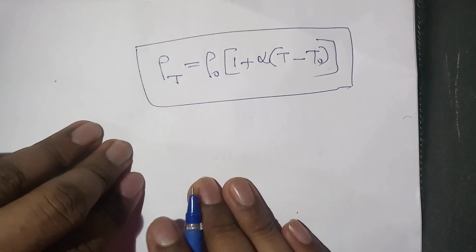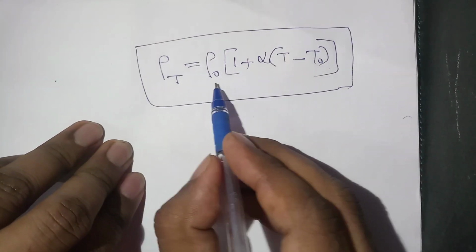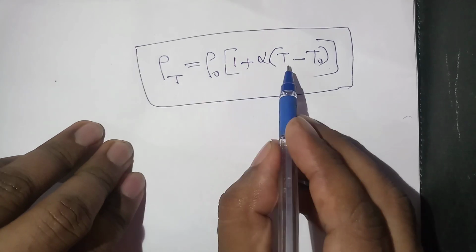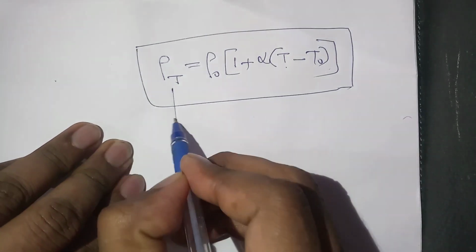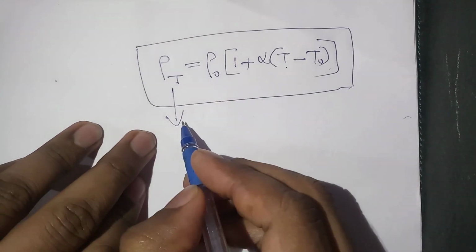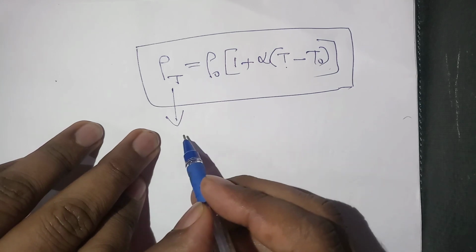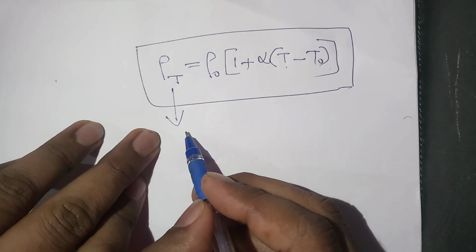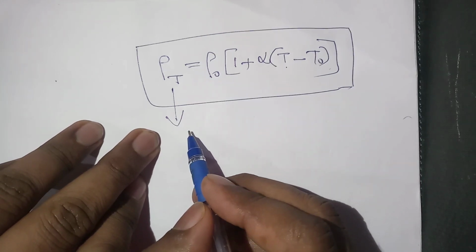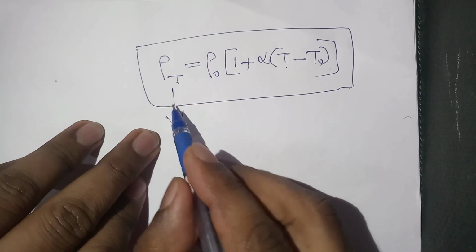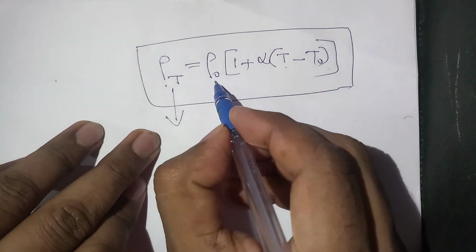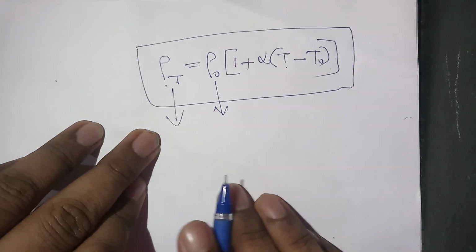So this rho T is the resistivity of the material which we have to find at a particular temperature. For example, you want to find out what the resistivity is at 80 degrees or 100 degrees. That is this one. This is the resistivity at a reference temperature.